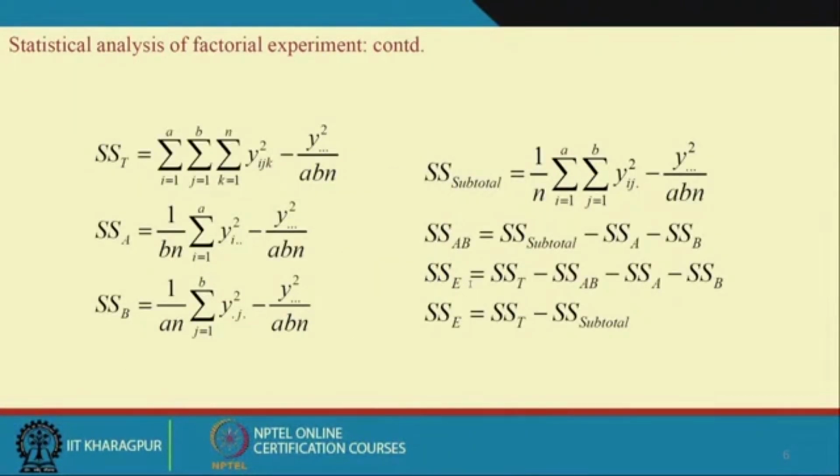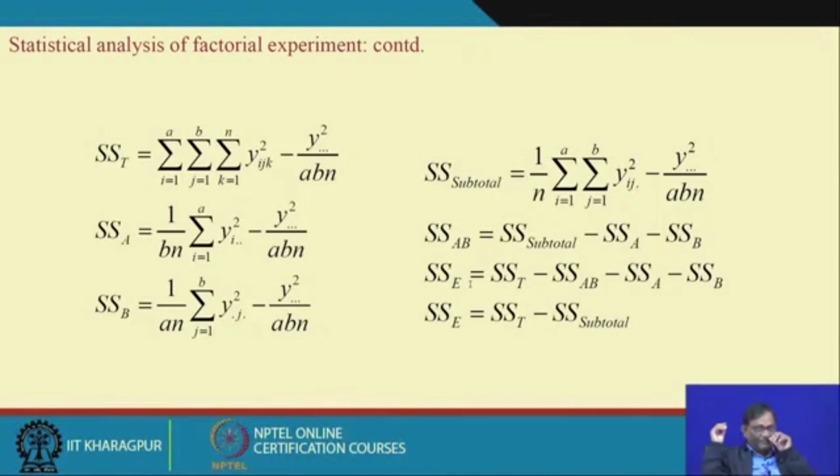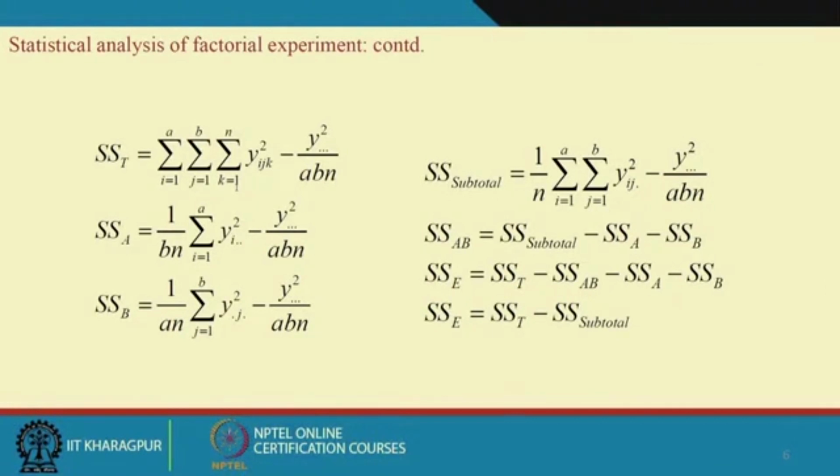Now, we will use some other formulas for ease of computation, because you will see that with this formula the computation will be complicated and laborious. Here are the formulas, from the manual computation point of view as well as the general computation point of view. SST can be the sum of squares of all observations minus the correction factor, y_... squared by abn.